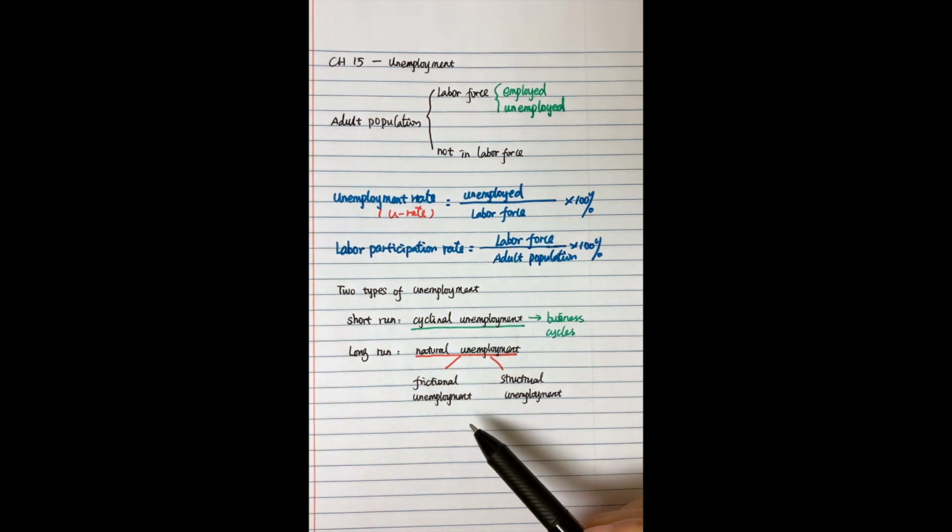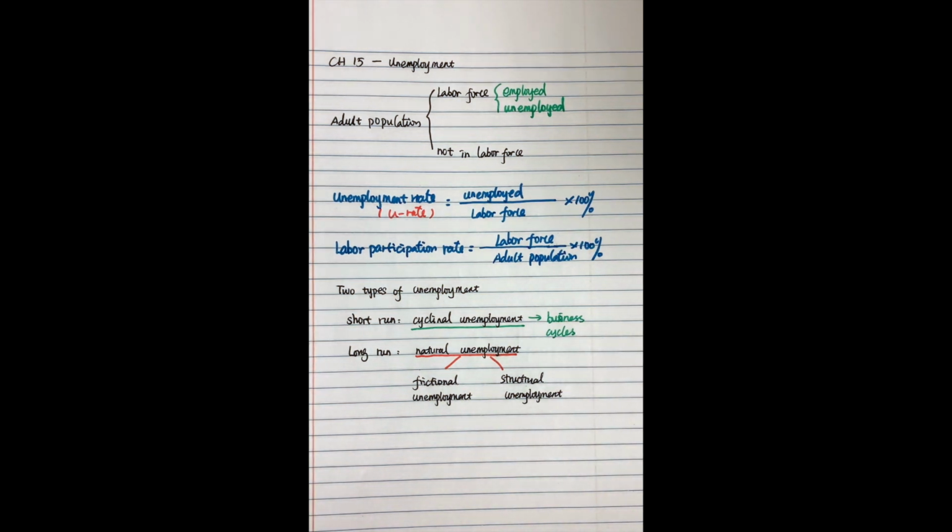Frictional unemployment happens when workers spend time searching for a job that will best satisfy their skills and tastes. Okay? And this is very obvious in every economy.